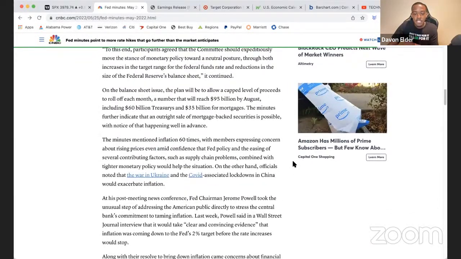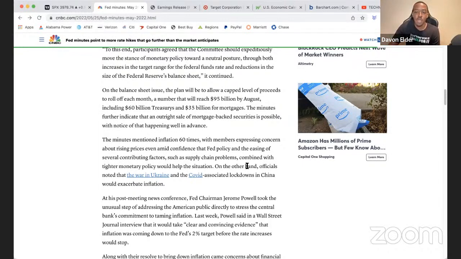Now, the minutes mentioned inflation 60 times, with members expressing concern about rising prices, even amid confidence that Fed policy and the easing of several contributing factors such as supply chain problems, combined with tighter monetary policy, would help the situation. On the other hand, officials noted that the war in Ukraine and the COVID-associated lockdowns in China would exacerbate inflation. Remember what I was saying when I went through the technicals, that Q2 earnings probably won't be that good.